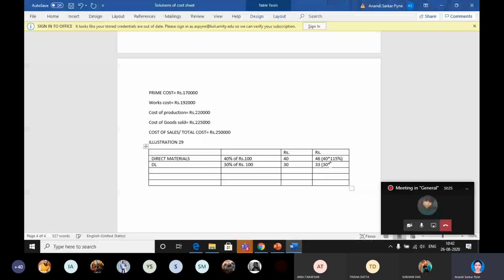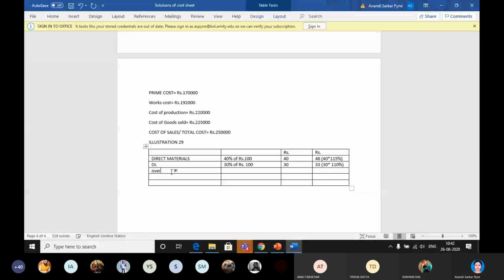And the overhead 30% of 100. That is again 30. That is 30 because there is no change in the overhead section.